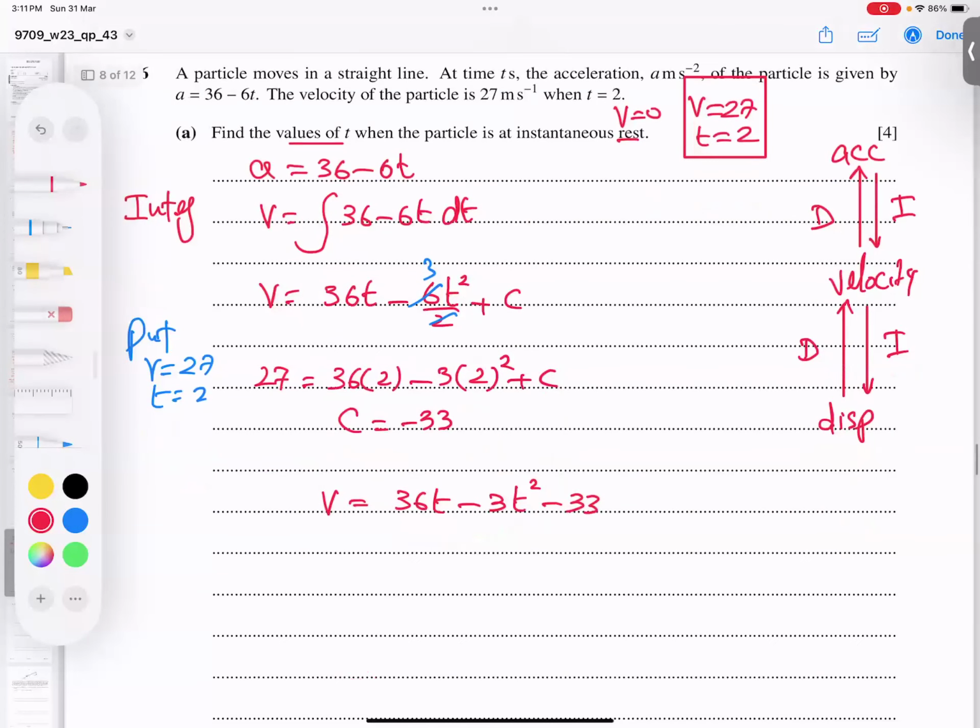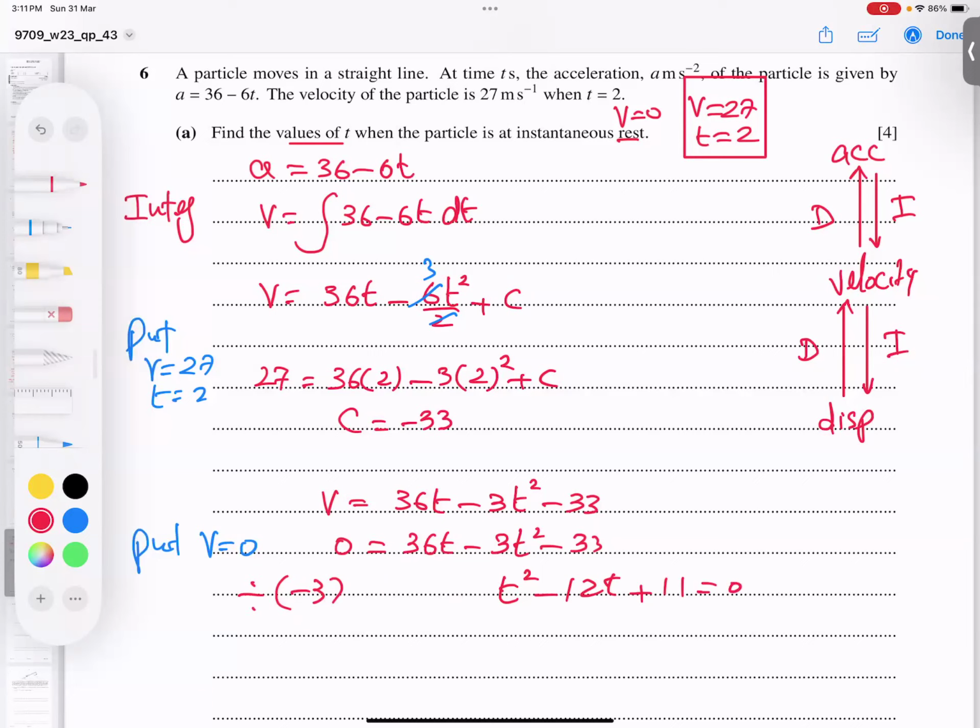I got velocity. Now I'll put velocity equal to 0 to find the time. First of all, I will divide the whole equation by negative 3. What happens, student? Negative, negative, positive: t squared becomes positive. Here I get negative 12t, here I get a positive 11, equal to 0.